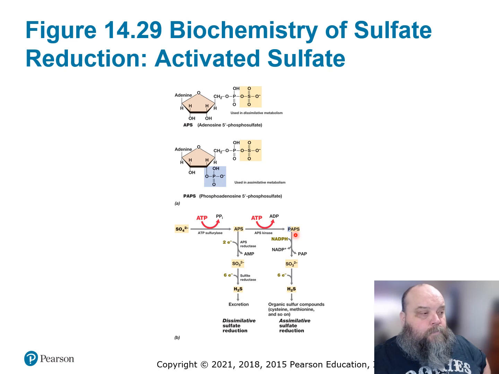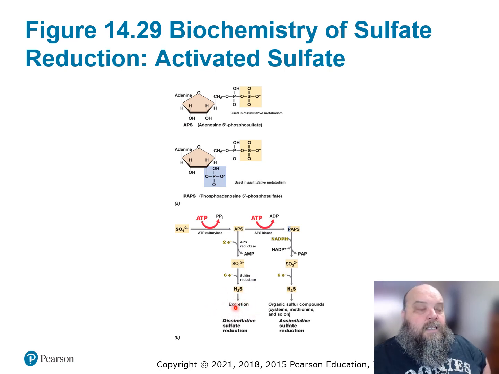So APS and PAPS are intermediates that are going to be utilized in other places. APS can then go through APS reductase. You cut off and release the AMP, and you now have sulfite. Sulfite becomes hydrogen sulfide, which can then be excreted.